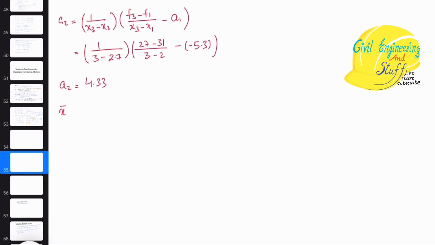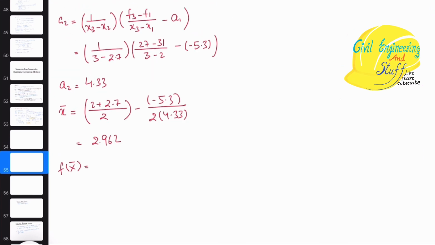So your x bar, I'll just directly put the values: 2 plus 2.7 by 2 minus 5.3 by 2 into 4.33. Solve it to find the value of x bar. X bar is 2.962. And in the next step we have to find out f x bar, so let's find it in this step only.